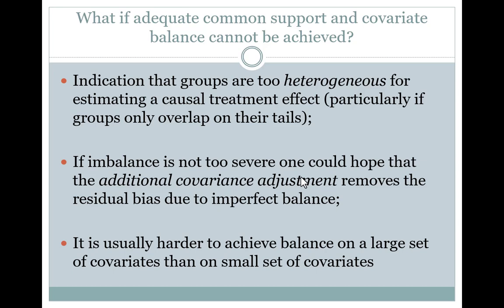Therefore, you may not succeed in implementing a propensity score method, and you may want to look for something else. But in many cases this works, and then you can proceed to actually implementing matching, weighting, or stratification.